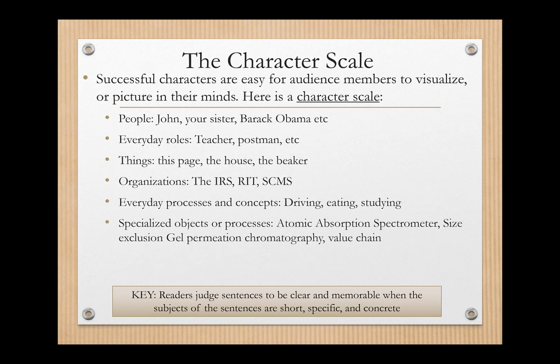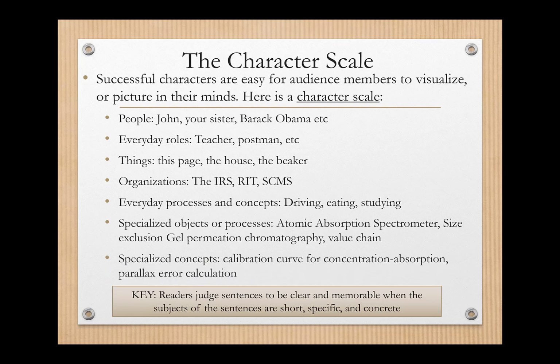Next, when we have specialized objects or processes, these become even harder to understand. This might happen in a chemistry class. We might be talking about atomic absorption spectrometry, or size exclusion gel permeation chromatography, or a value chain maybe in business. But these specialized objects and processes start to become really difficult to understand.